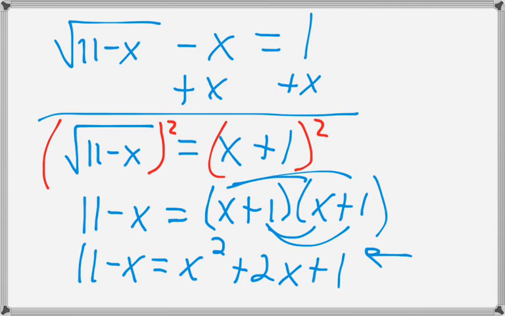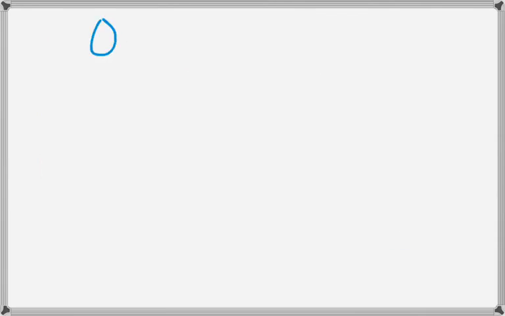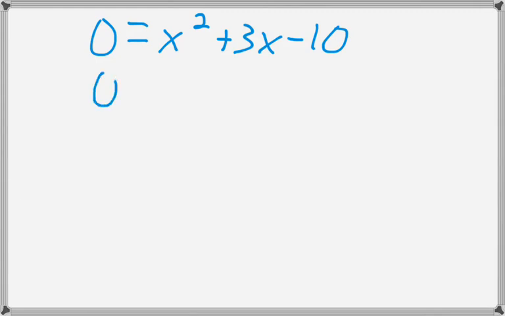So we probably want to set it equal to 0 first. If we get everything on the same side here, we have 0 equals x squared plus 3x minus 10. And that factors.